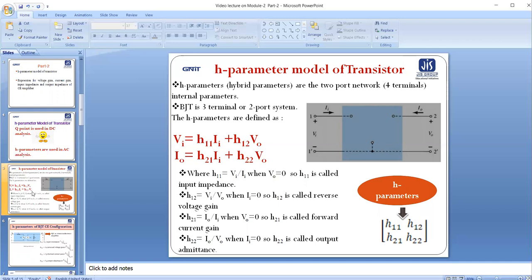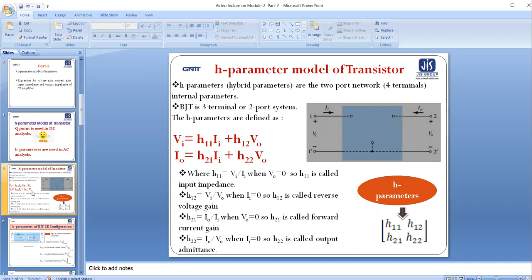Now, what is a two-port network? A two-port network means it has four terminals, out of which two terminals are of the input and the output portion is also of two terminals. So this type of circuit is called a two-port network.